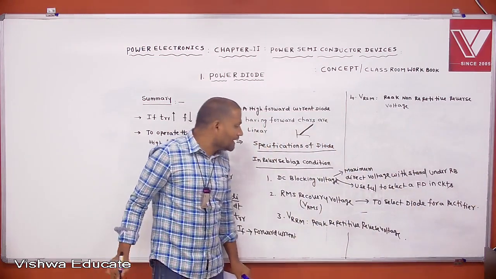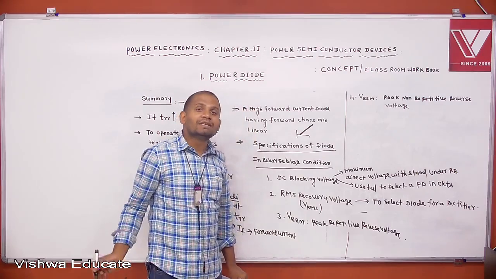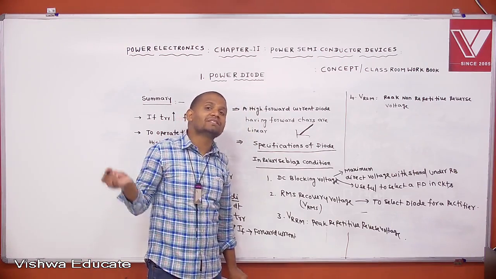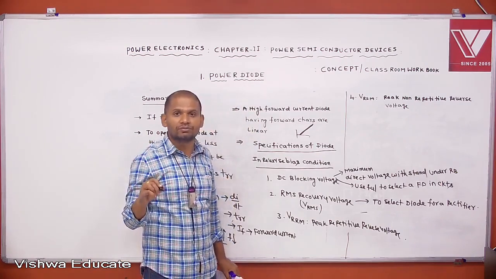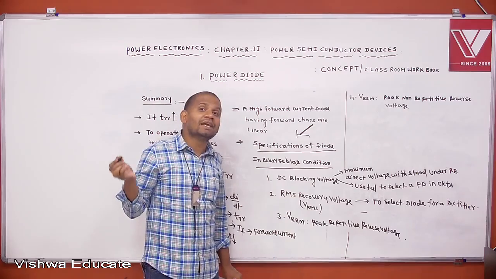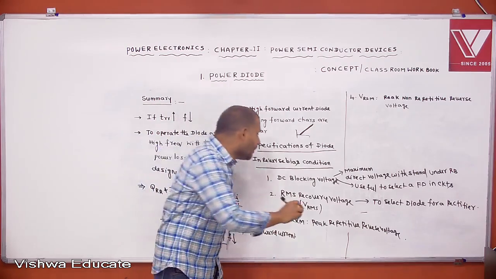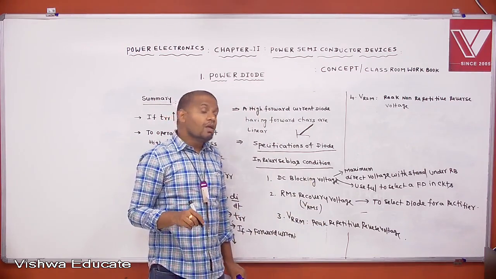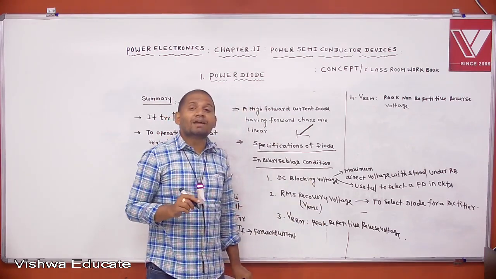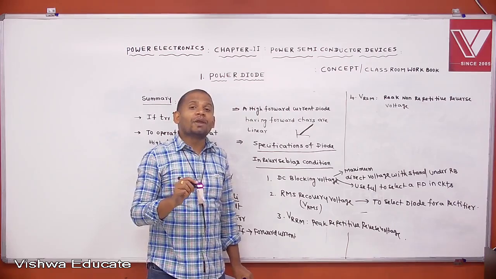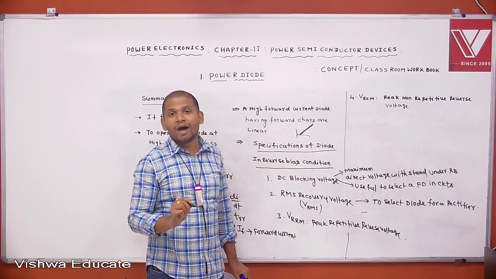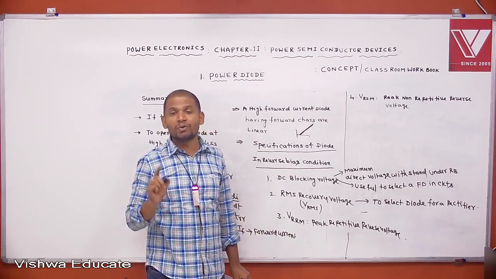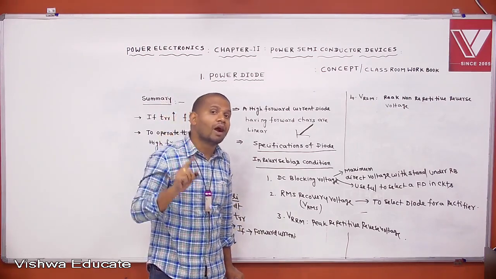Then what is the peak repetitive reverse voltage? This is the maximum instantaneous voltage across the diode, but it is a repetitive voltage. This voltage appears across the diode during the operation of the commutation circuit.